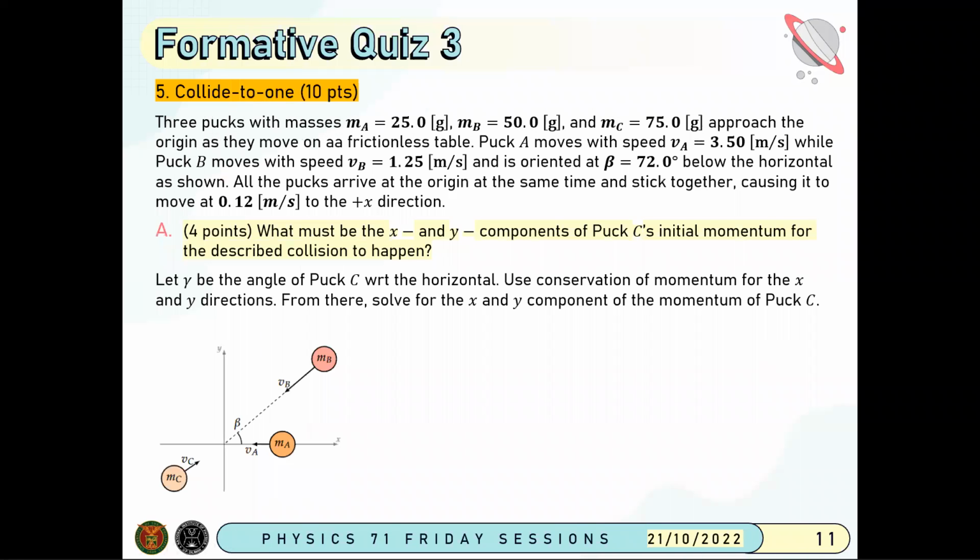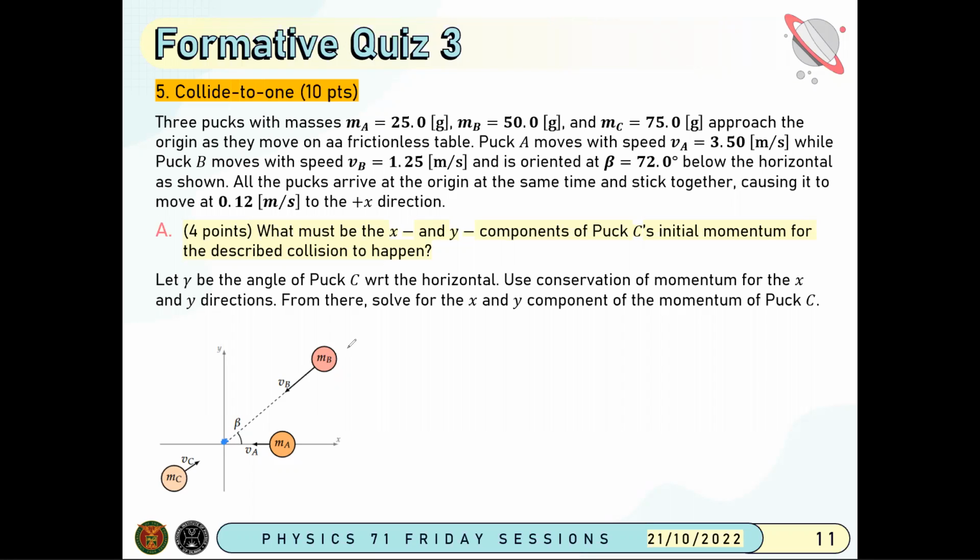Number 5, collide. Three pucks with masses m sub A, 25 grams. Remember, it's grams. M sub B is 50 grams and M sub C is 75 grams. They approach the origin as they move on a frictionless table. So they are all moving towards the same origin.